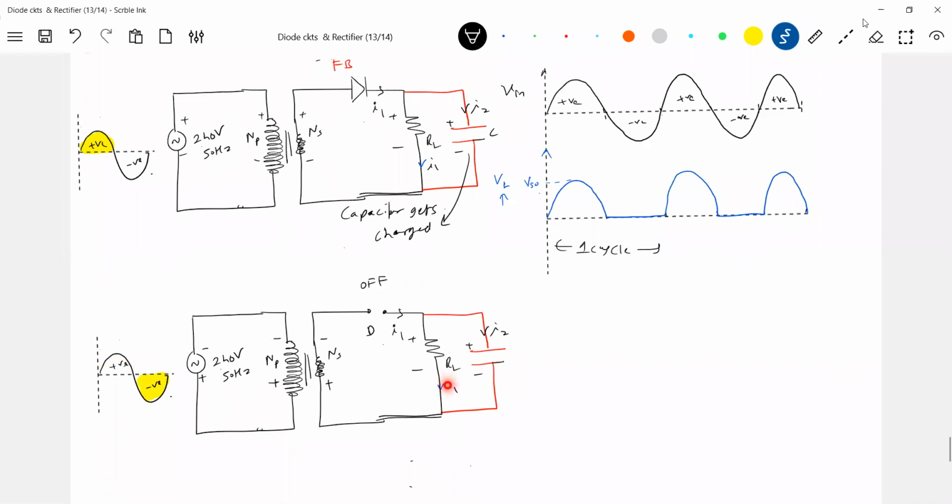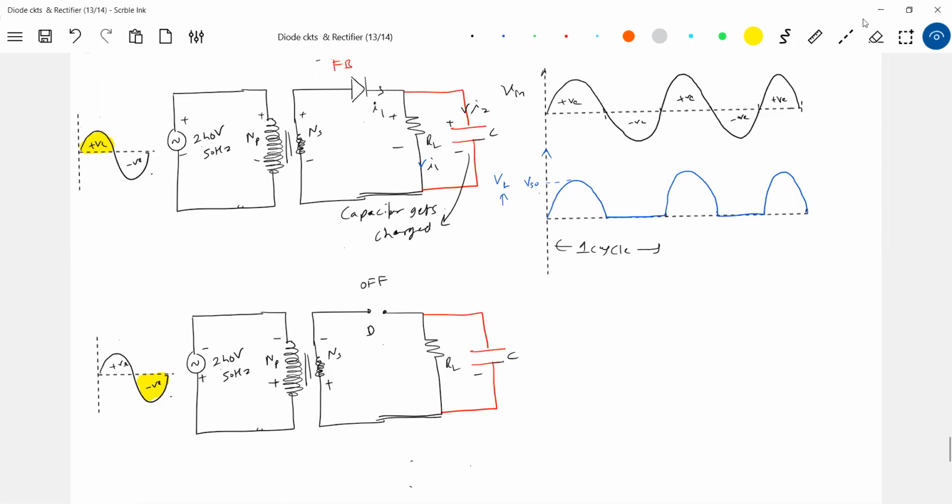Then will there be any current through the resistor? During the positive half cycle, the capacitor gets charged. Then the moment the negative cycle arrives, the diode will be reverse biased. As the diode is reverse biased, what will this charged capacitor do when you connect it across a resistor?